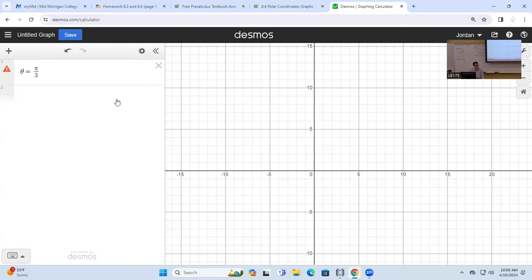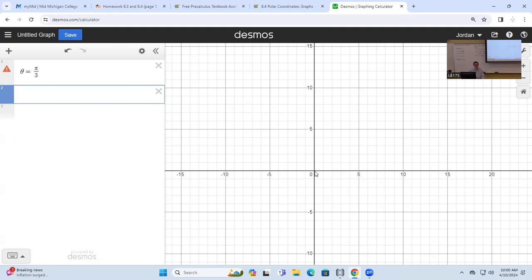Anybody know what this actually is? Is it something to do with the fact that you don't have an r, so you don't have a distance, you just have a random angle? Yeah, so you have an angle, but you don't have a distance.